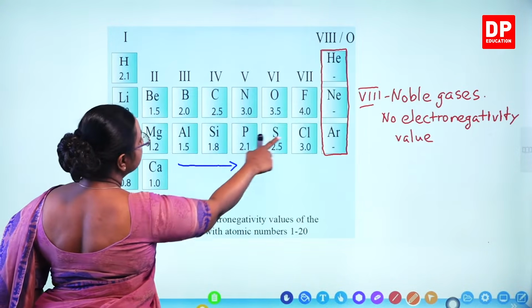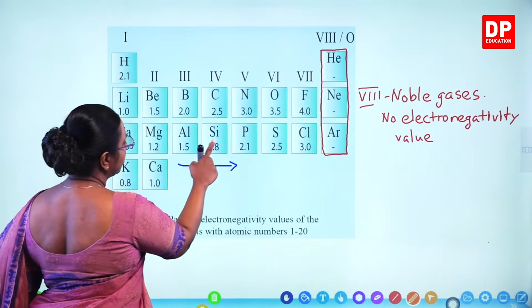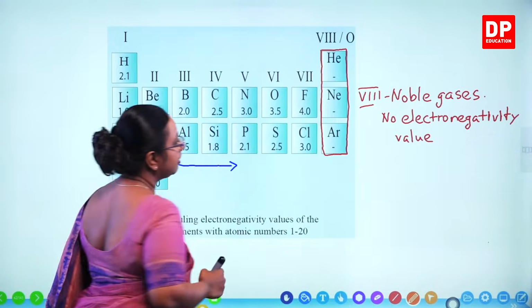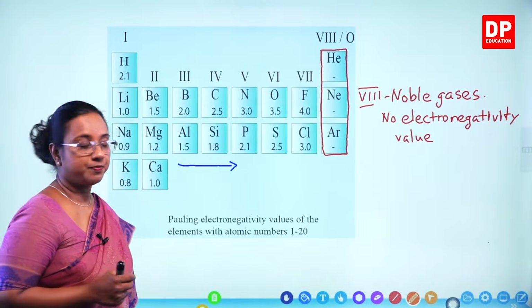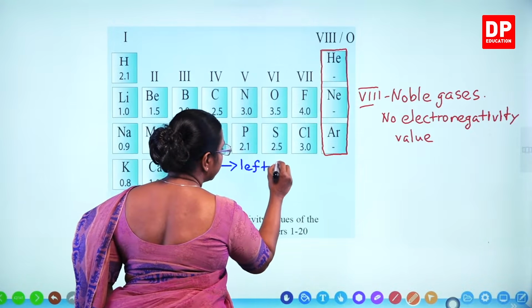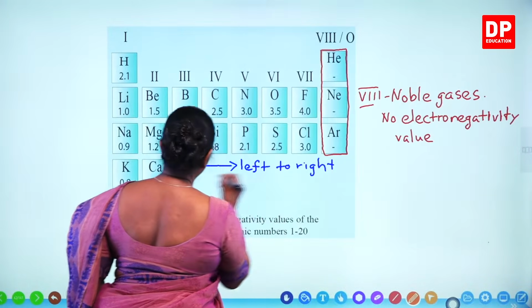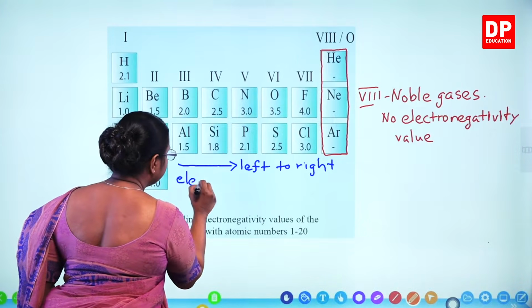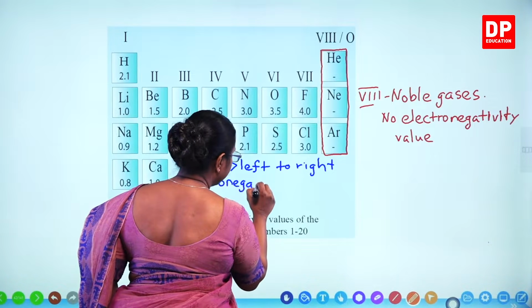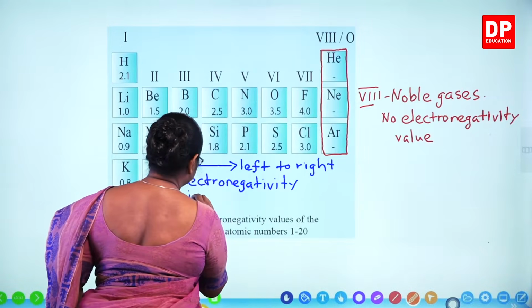Same for the third period: 1.0, 1.2, 1.5, 1.8, 2.1, 2.5 and 3 for chlorine. So across the period from left to right, electronegativity increases.